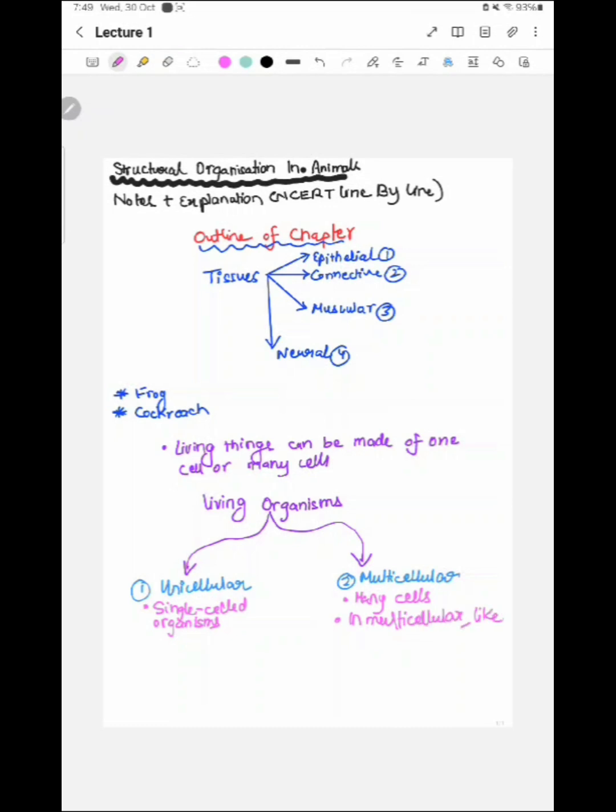Like humans are multicellular, animals are multicellular, right? In multicellular like humans, animals, there are many cells that work together.